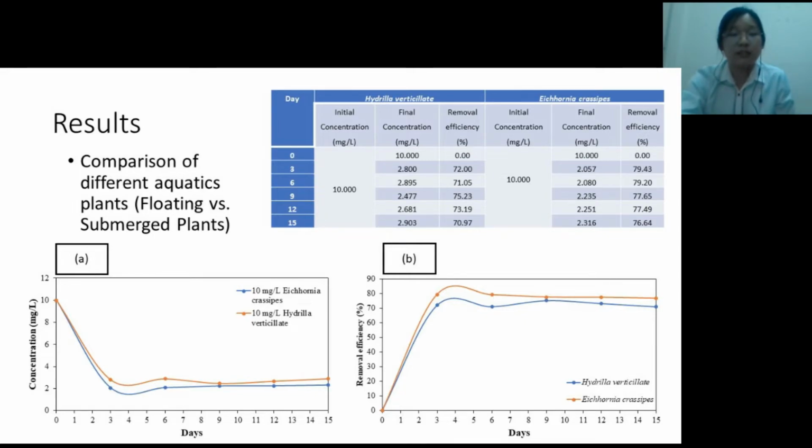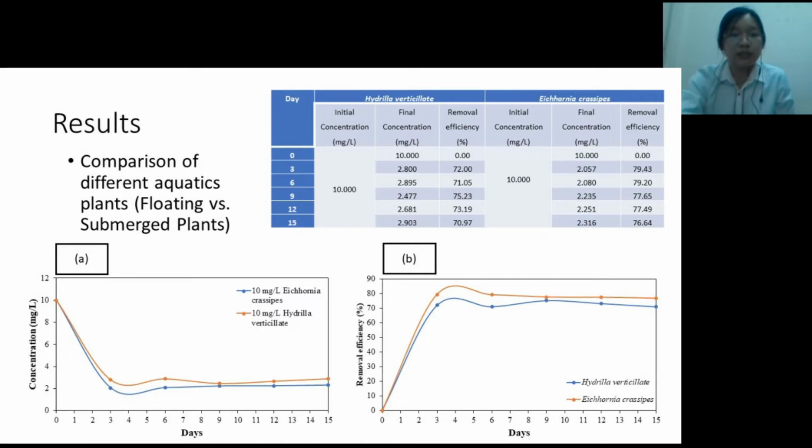For Hydrilla, the copper-2 ion removal efficiency after day 4 was maintained within the range of 70 to 75%, while for Echonia crab it remained within the range of 75 to 80%.